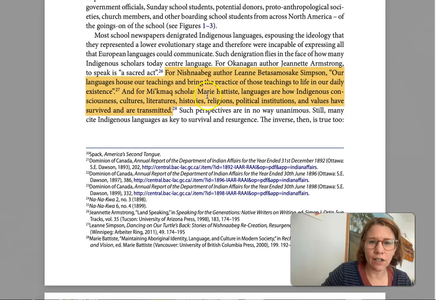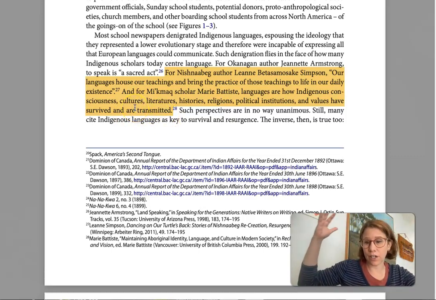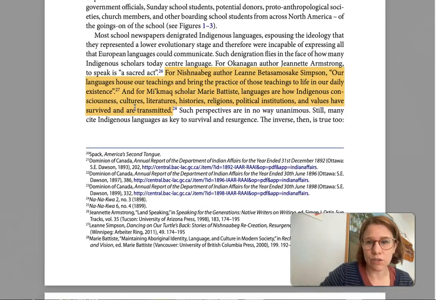And Mi'kmaq scholar Marie Battiste says languages are how Indigenous consciousness, cultures, literatures, histories, religions, political institutions, and values have survived and are transmitted. So she's linking language to the larger institutions of culture, including history, religion, spirituality, politics, values, all of that gets transmitted down through generations through language.